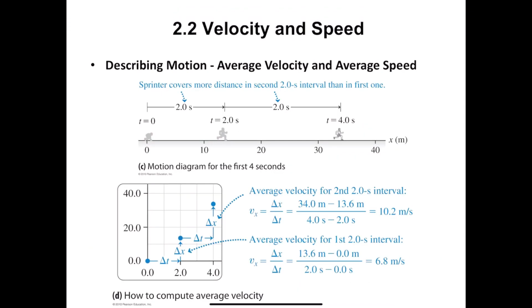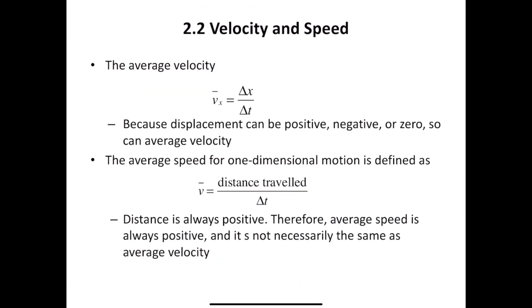Now I'll skip quite a bit of this because you should already know. In one dimension, in the case we just did, be careful: if I say velocity, I mean displacement; if I say speed, I mean distance. So you have to understand the words and how you use them.